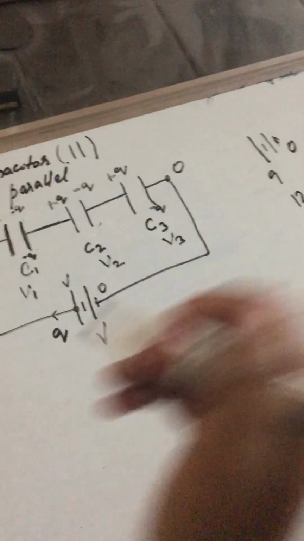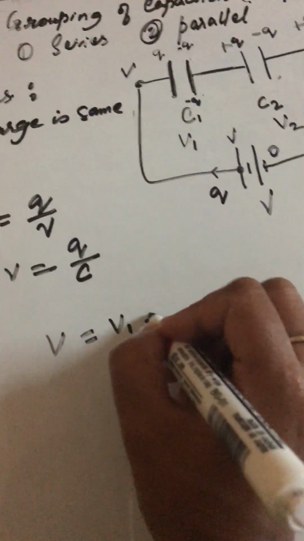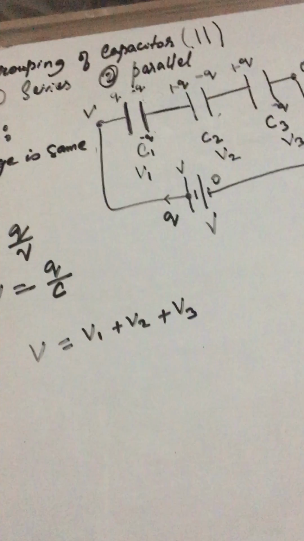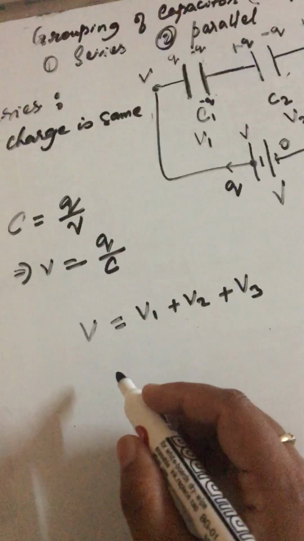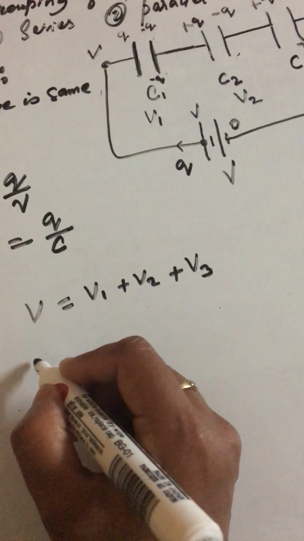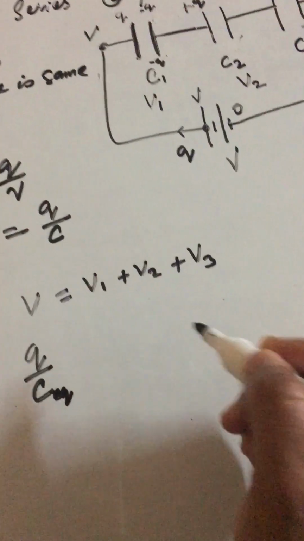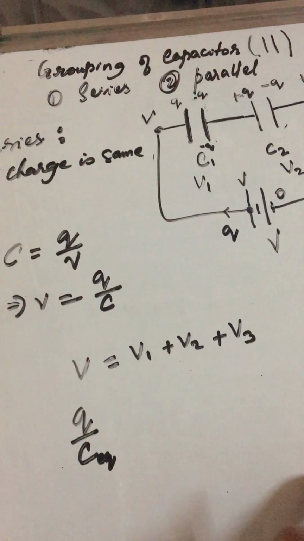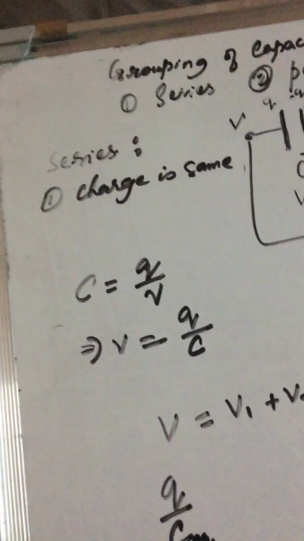Now this V is equal to V1 plus V2 plus V3, right? Clear or not? Then V is equal to Q by C, and let's say this is the equivalent capacitance. Equivalent means instead of 3 capacitors, if I make 1, that is equivalent.